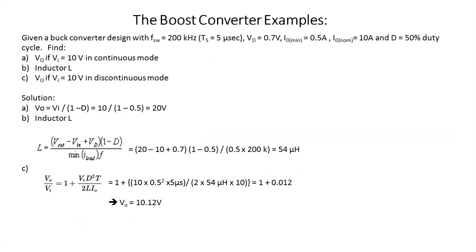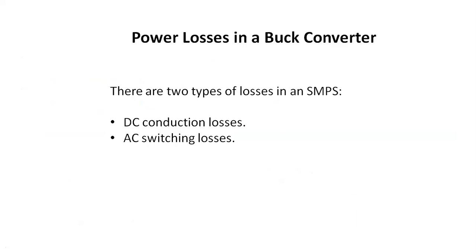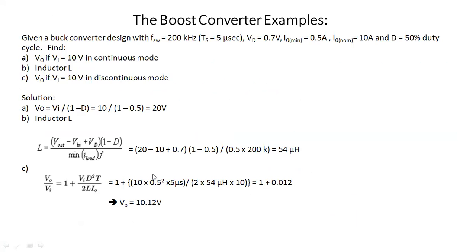If you put all these values, 1 plus Vi, we are having the input voltage, that is nothing but 10 volt here. For the discontinuous mode, 10 into the duty cycle squared, the duty cycle they have given is 50%, 0.5 squared, into T they have given 5 microseconds, upon 2L I0, L we have just derived, 2 into 54 microhenry.